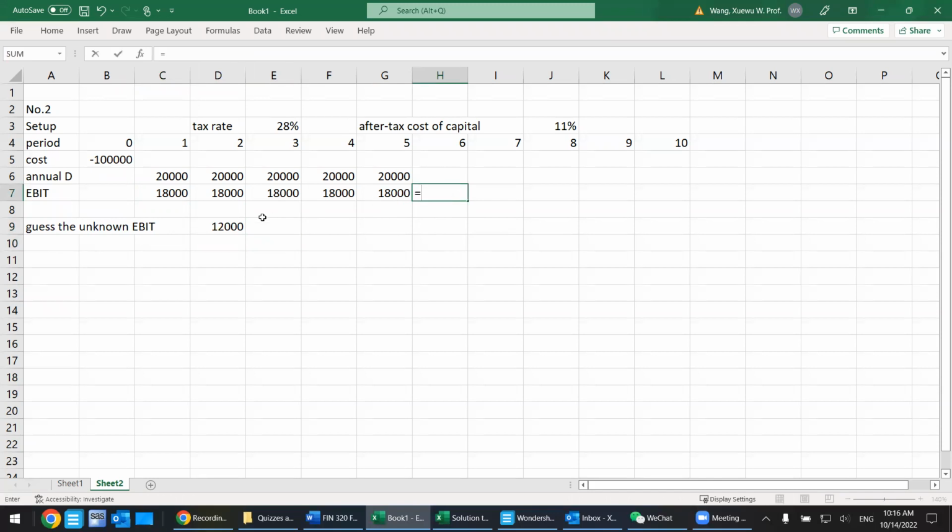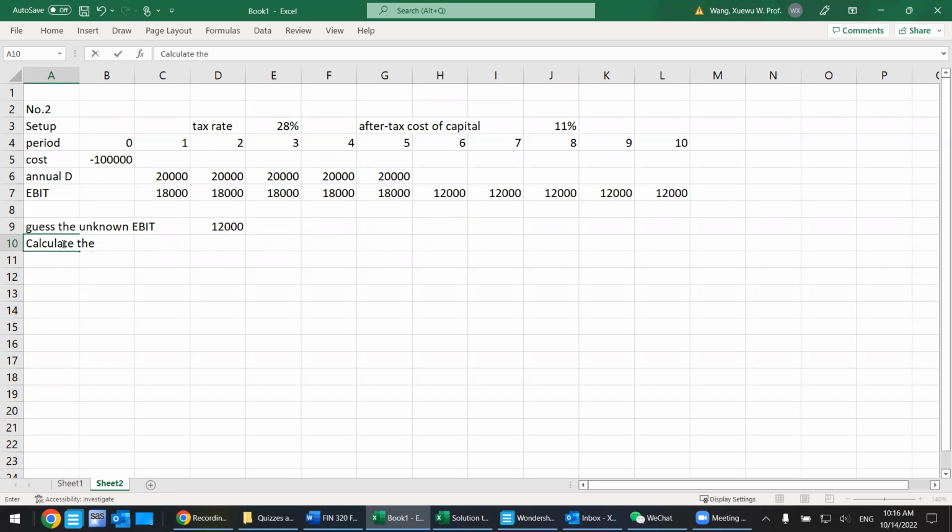So I'm going to use the $12,000 here, and that's going to be the EBIT from year 6 to year 10. And in this case, we know that the minimum amount of this EBIT is the EBIT that makes the NPV equal to 0.